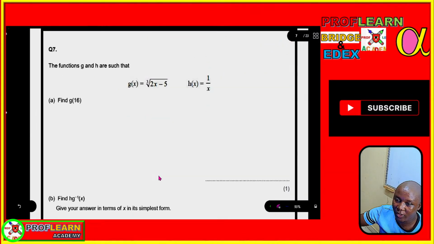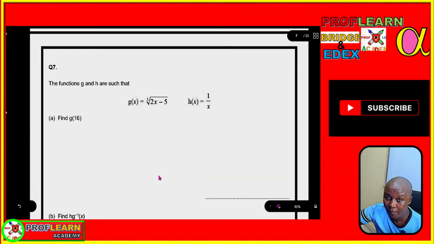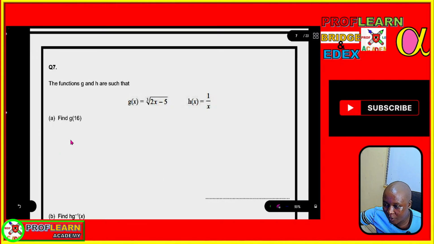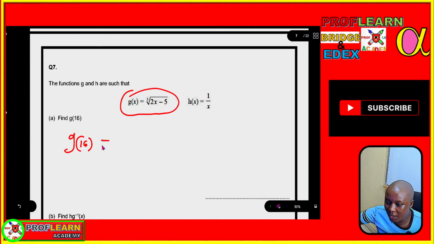We can now move to the next question, question number 7. The concept that is prominent here is the concept of functions, composite functions. So we are supposed to find the value of g of 16. And remember, we have g of x here. So in order to find g of 16, anywhere we have x, we are going to replace it with 16.